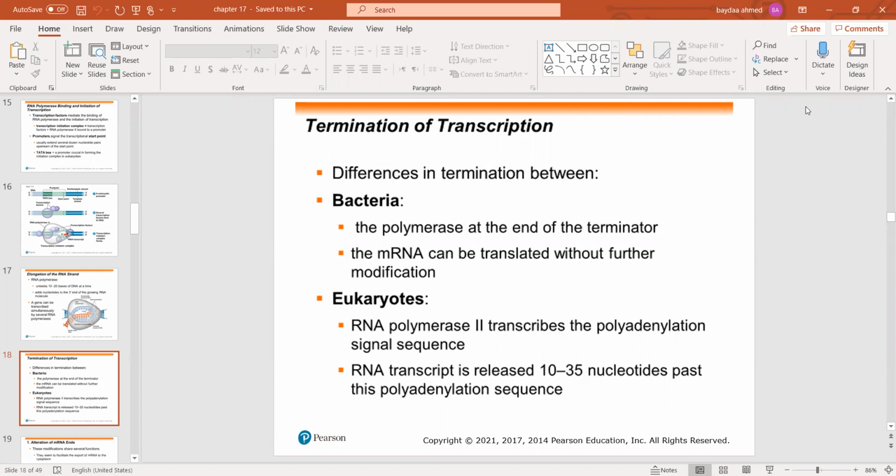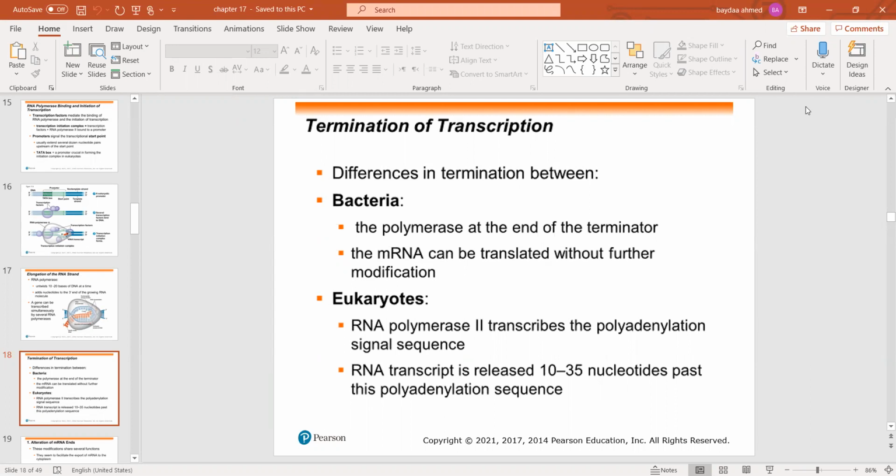In eukaryotes, RNA polymerase II transcribes a sequence on the DNA called the polyadenylation signal sequence, which specifies a polyadenylation signal, AAUAAA, in the pre-mRNA.